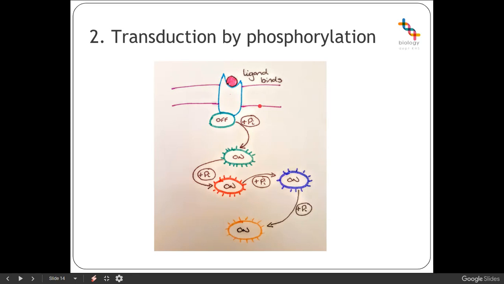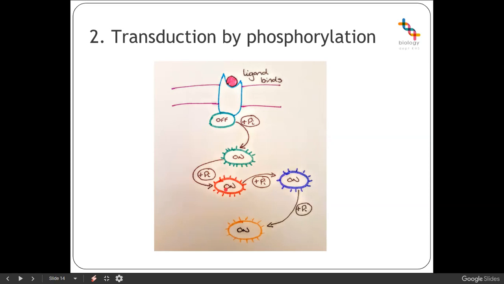As a result, they are able to phosphorylate another molecule which is present in the cytoplasm. This molecule is a protein kinase, which then goes on to phosphorylate a second protein kinase, and a third, and so on, until we end up stimulating some kind of intracellular response.